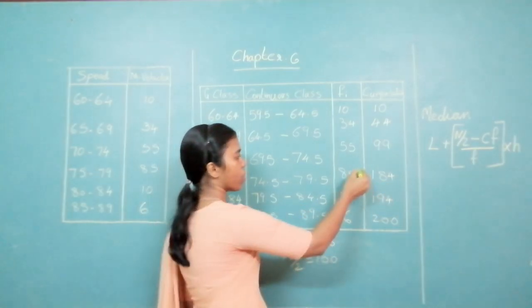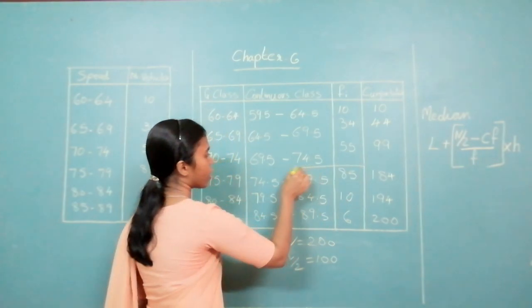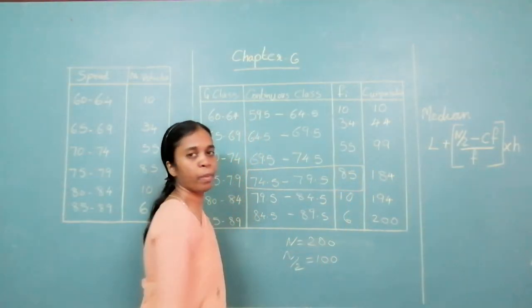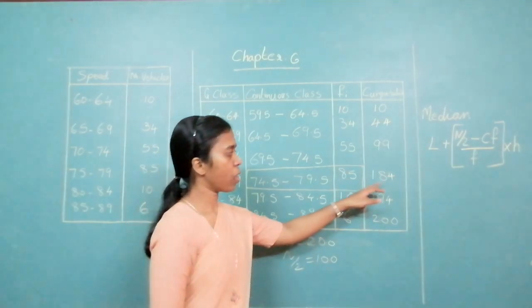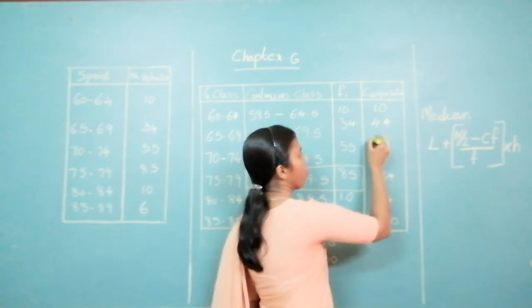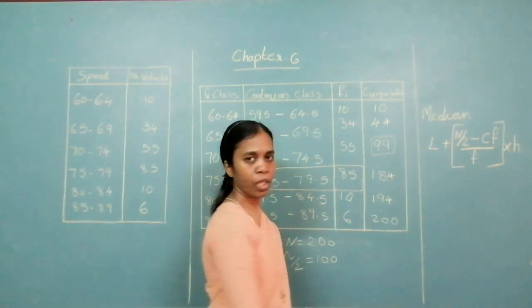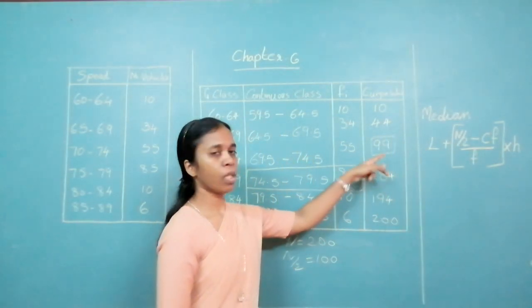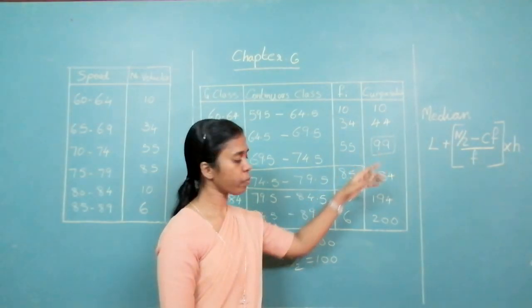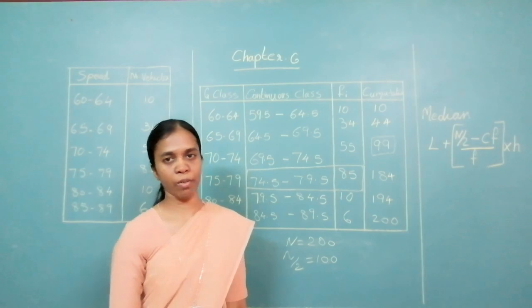So this we will consider as the median class. And the one preceding that is the cumulative frequency that we require.